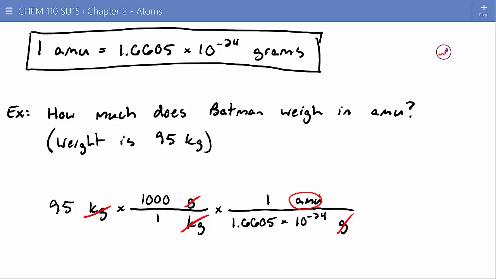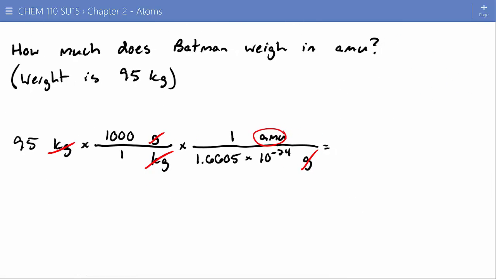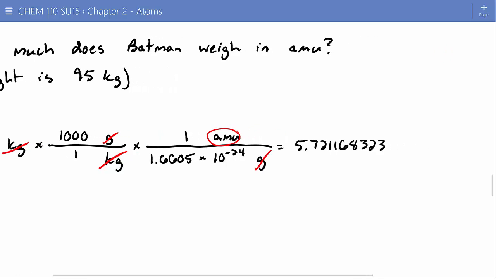You guys are welcome to double check me because I'm occasionally wrong. So I'm getting a value of 5.721168323 times 10 to the 28th.